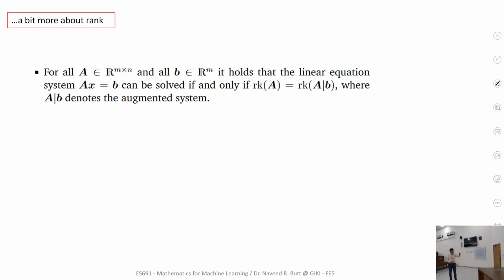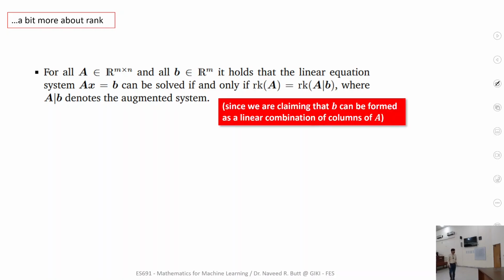We are saying that the new column you added did not add to the rank because it was already a linear combination of A. तो इसने कोई नया rank उसके अंदर add नहीं किया.